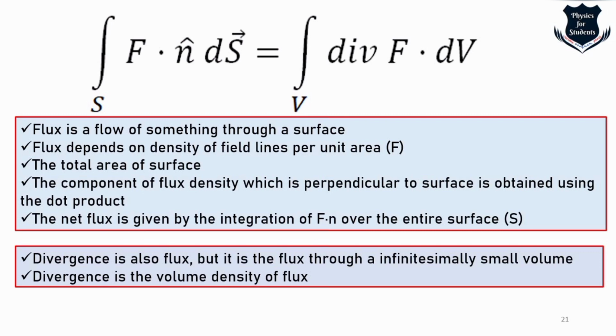Divergence is also a flux, but it is the flux through an infinitesimally small volume. That is why divergence is the volume density of a flux. Yes, it is important. These are the points that will help you understand the relationship between flux and divergence.